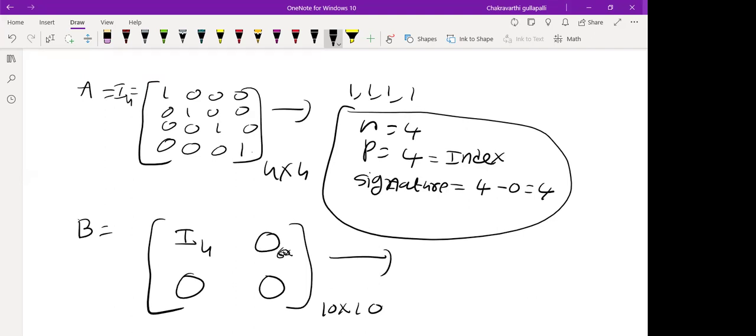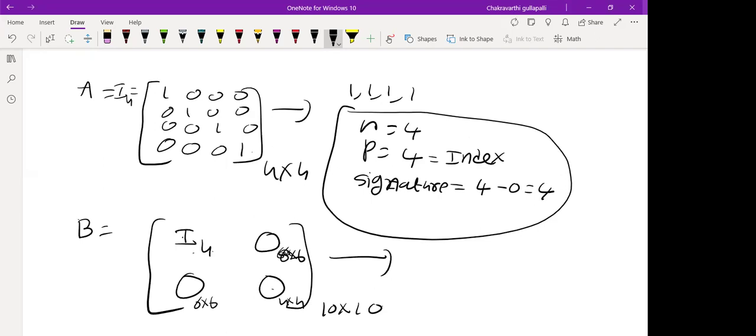So what will be the eigenvalues? Since it is in diagonal form, the eigenvalues of I4 will be the eigenvalues for this. You take I4, and the remaining is the 6 by 6 zero matrix. Then automatically the eigenvalues will be the diagonal elements.